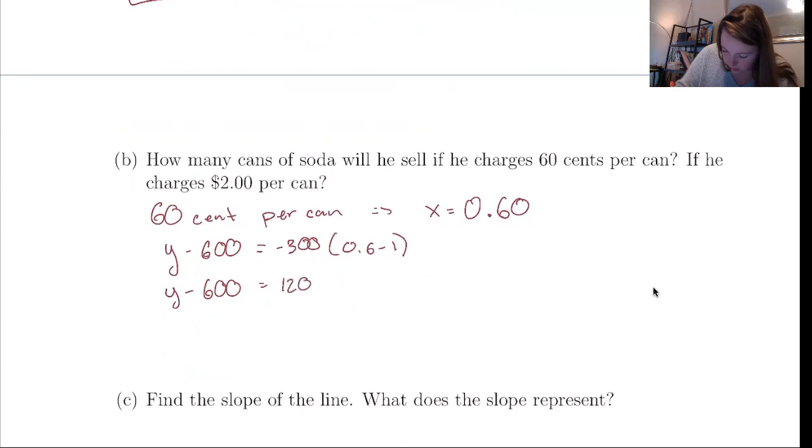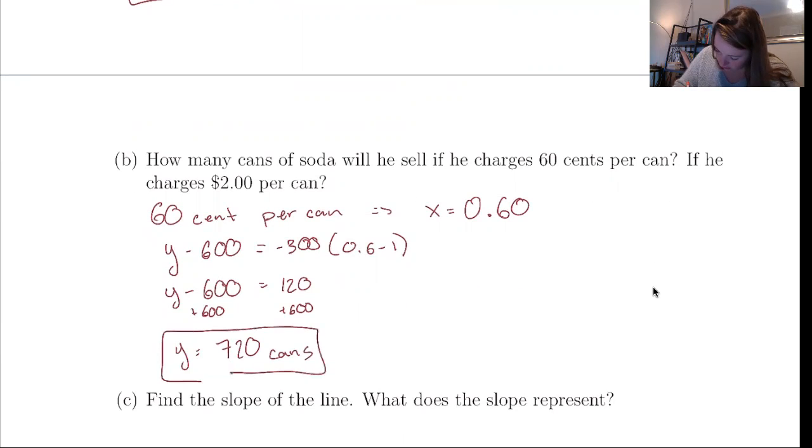Gives me 120, so plus 600. Point slope is easy to find, but it's kind of hard to solve for things when it's there, because you always have to move something around. So y would equal 720 cans. And we need to put units here because it says how many cans.